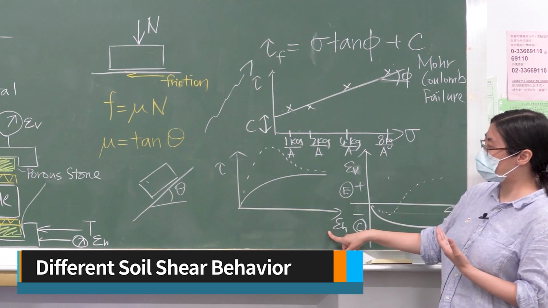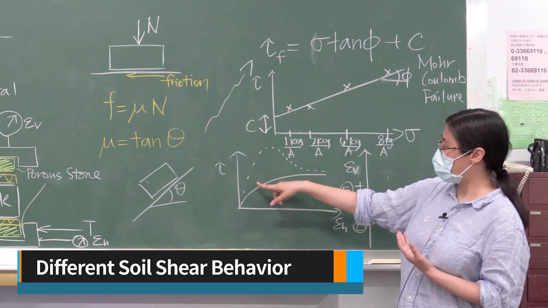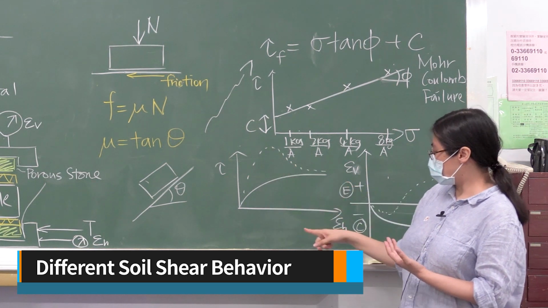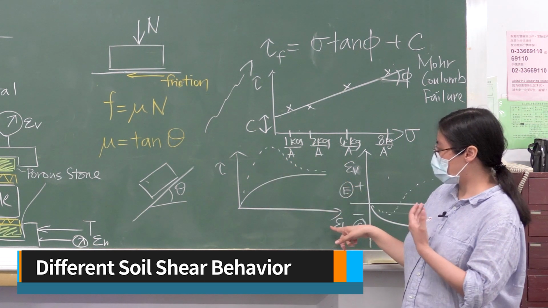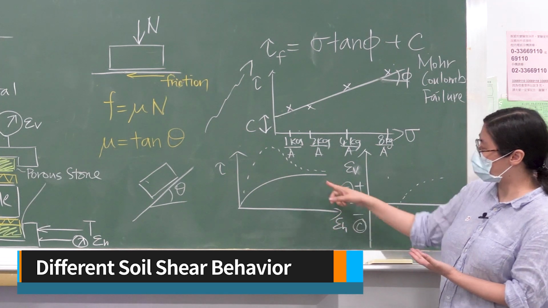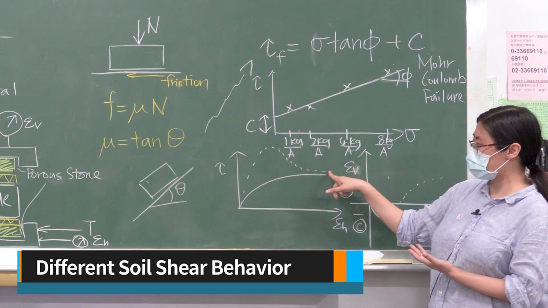If you have dense sand, what you would expect is a peak here, and then as you add additional shear strain or horizontal strain to the soil, the peak shear stress would drop.